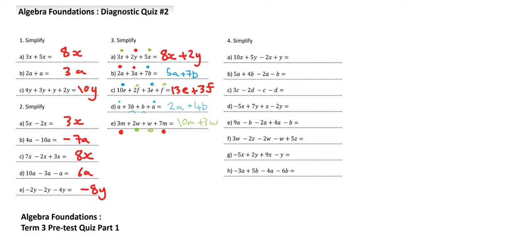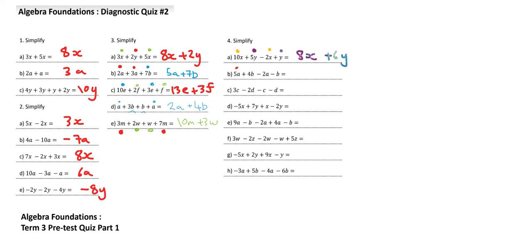Okay, we can do the same here. These are like, these are like, and these are like. So here we've got 8x plus 6y. No idea why there's such a strange color.